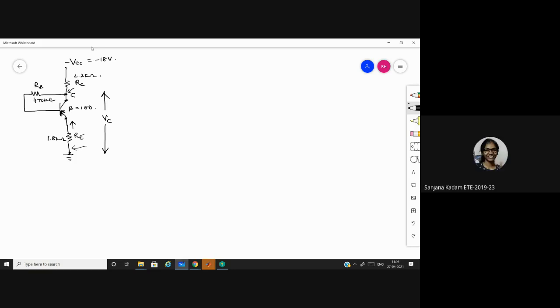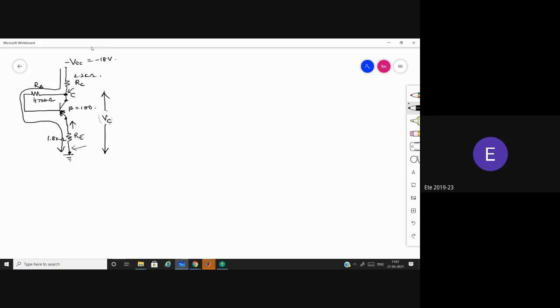Collector emitter voltage, VCE. But when we are measuring between the collector and the ground, then it is the collector voltage, because here it takes the difference between this voltage and 0. VC minus 0 is VC only. That's why.